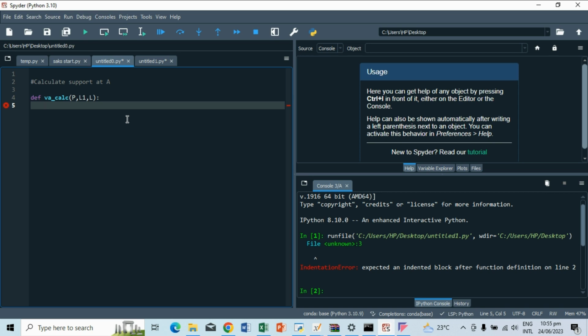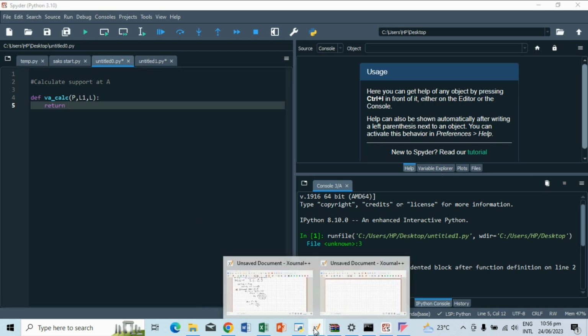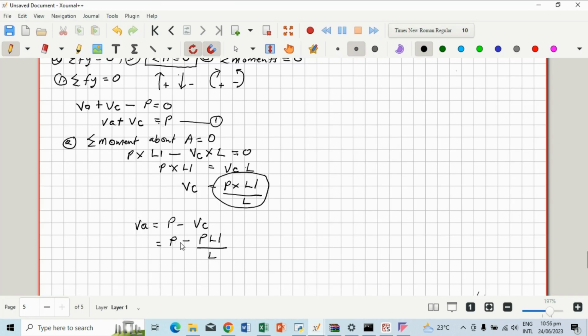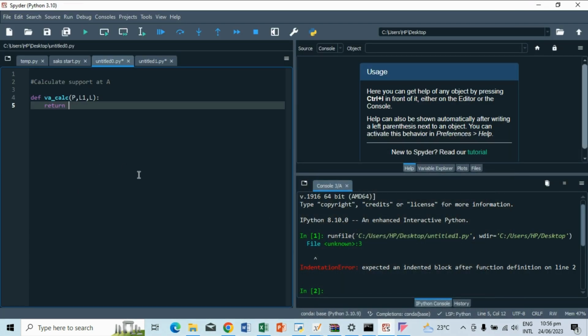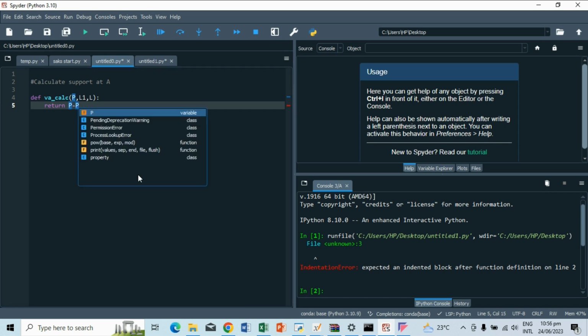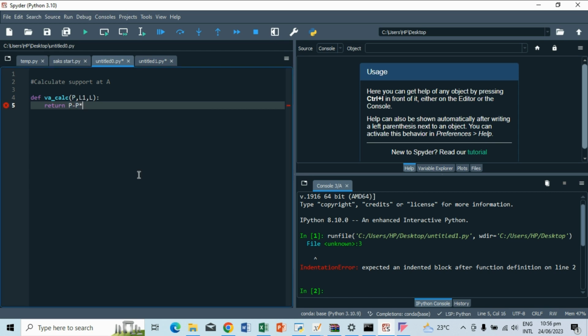Then we want to return the calculation for VA. So we'll say return. We had our VA to be P minus PL1 on L. So that will be P minus P multiplied by L1.